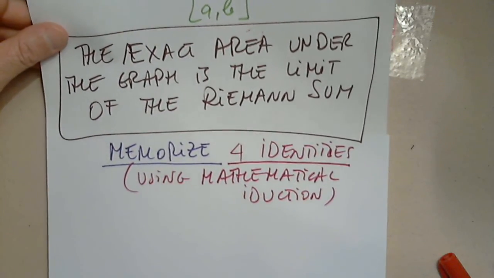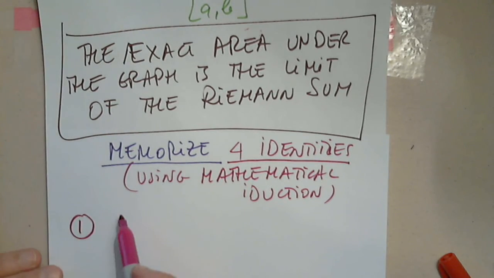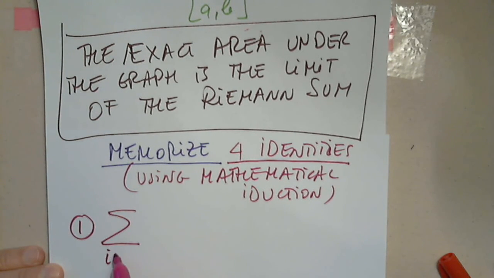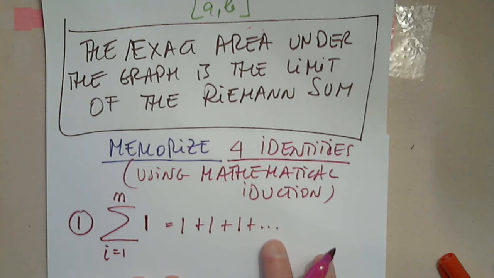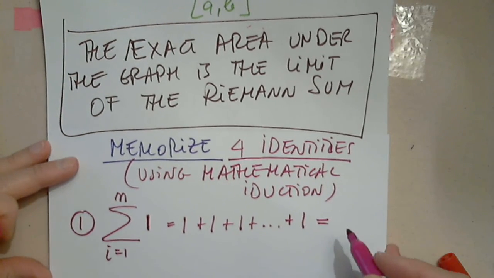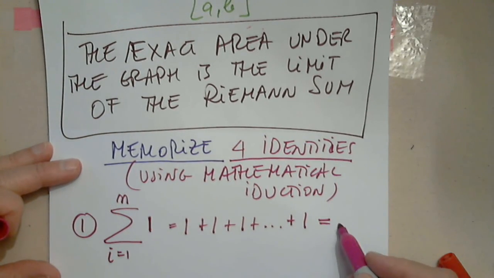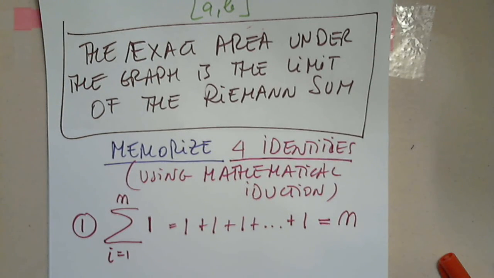So there are 4 identities that we have to memorize. The first one is quite easy. The sum from i equals 1 through n of 1. This is no problem. When i is 1, when i is 2, when i is 3, dot, dot, dot, exactly 1 plus 1 plus 1, n times. What will that equal to? Just 1 times n. Exactly. Perfect. So that is easy to remember.